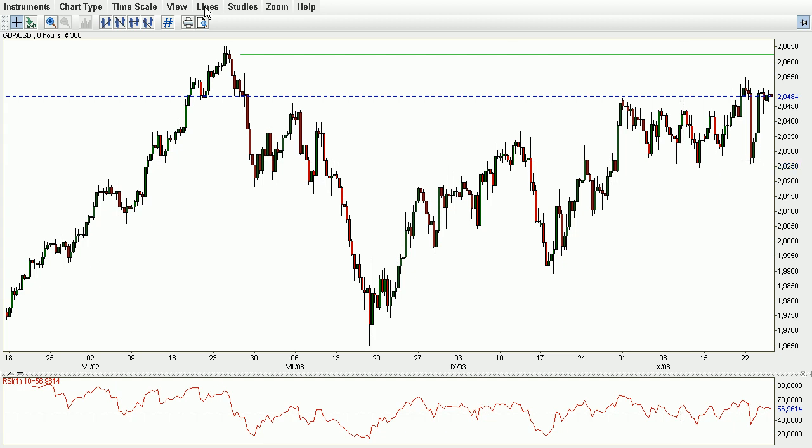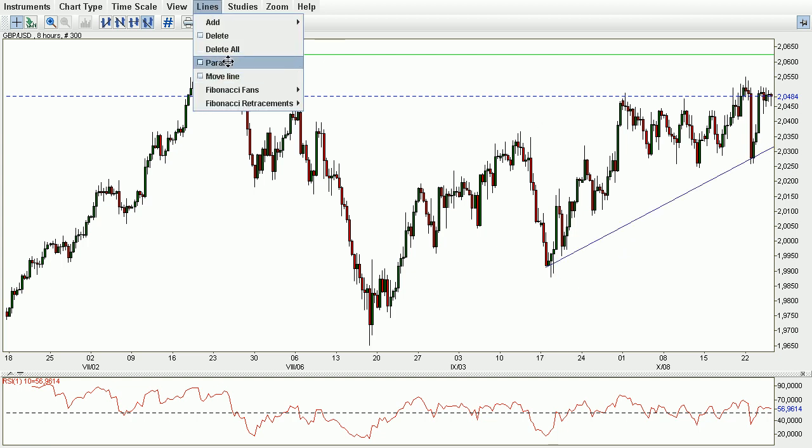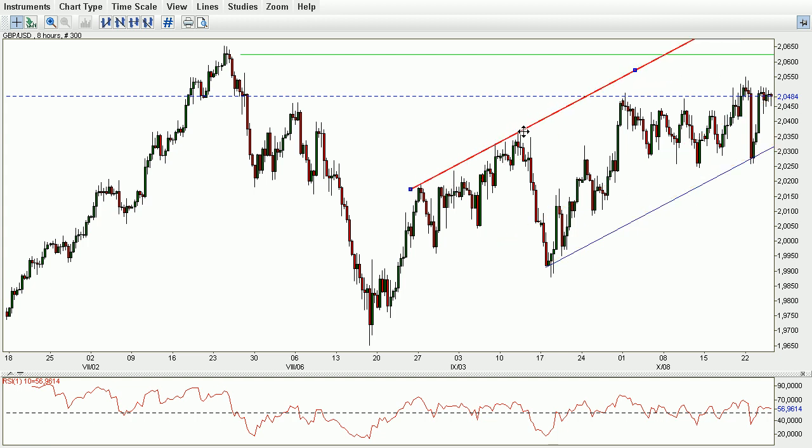Okay, so pretty much we can construct a trend line here and try to make it a channel.